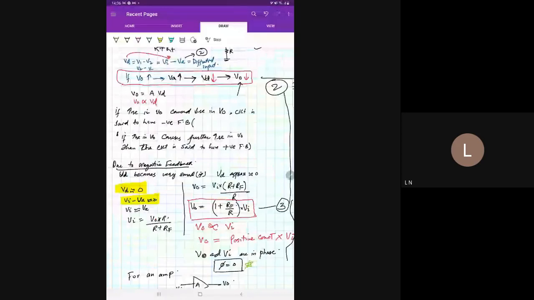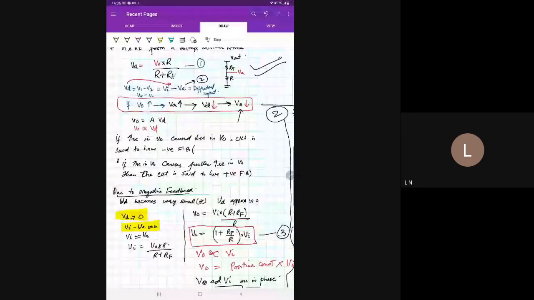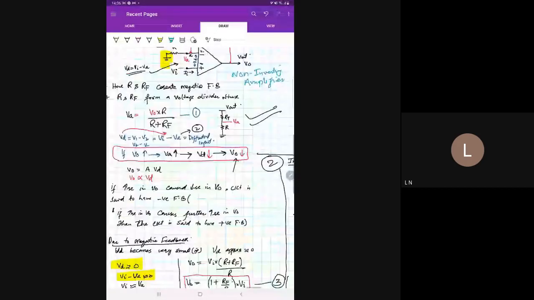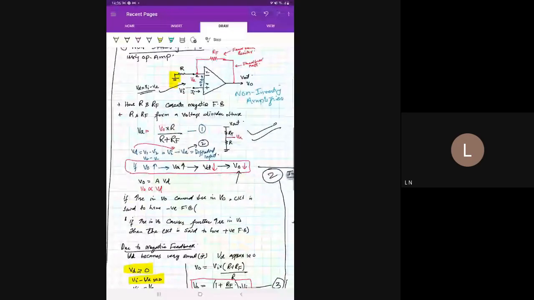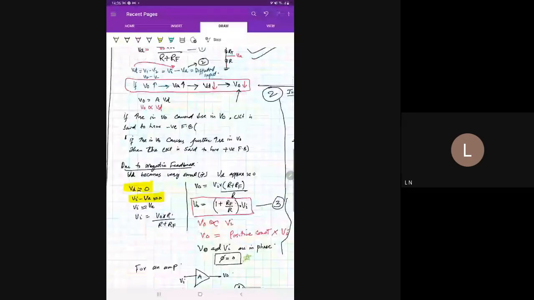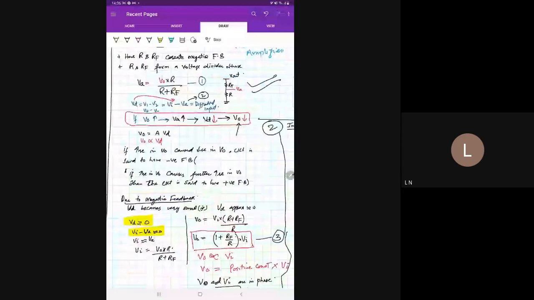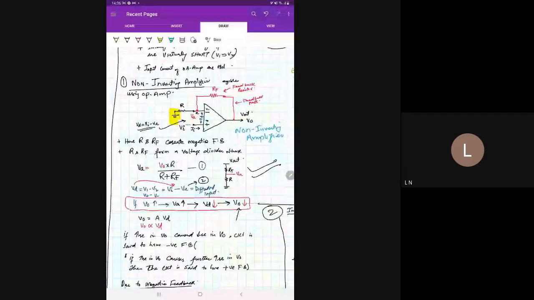Now we also know Va. We have already calculated Va from equation 1.